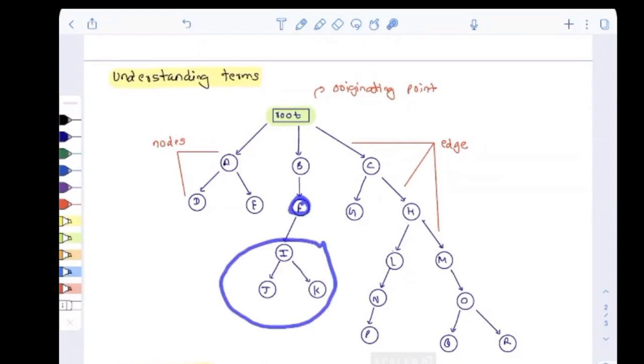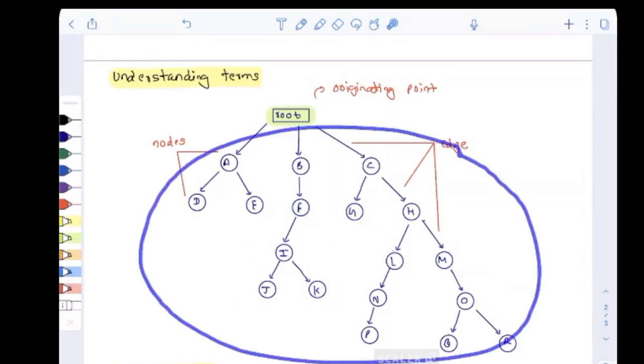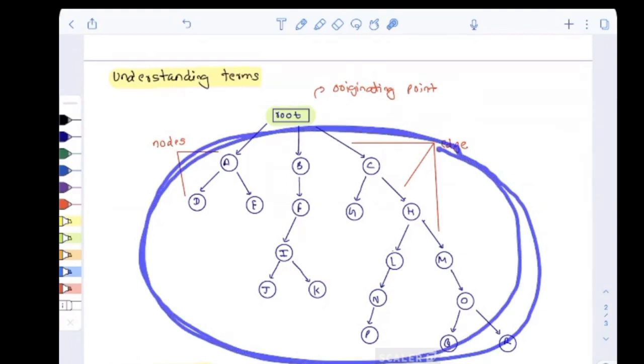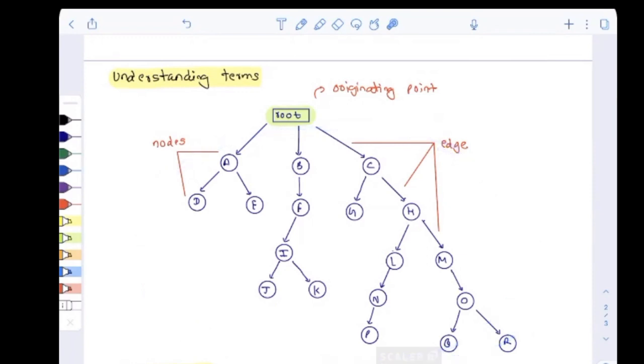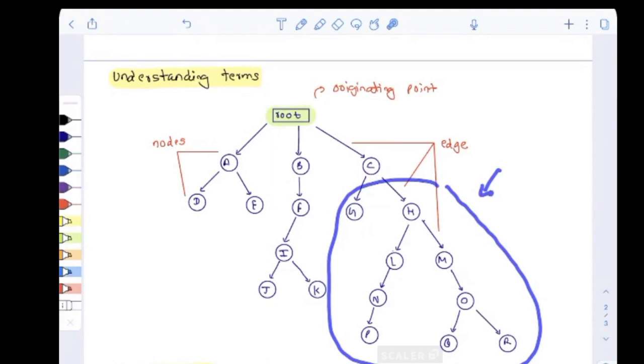Understand that all the nodes coming under it are the family originating from F. So all these nodes will be descendants of F: I, J, and K. If I talk about descendants of root, everything is going to come under it. If I talk about descendants of C, you need to consider all the part that is coming under C. Correct, guys?